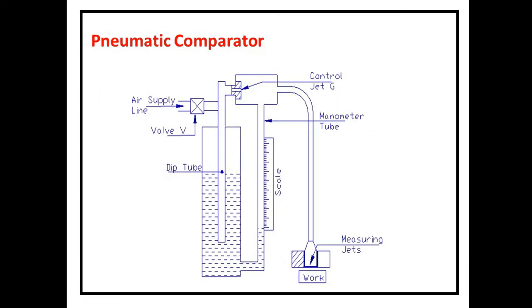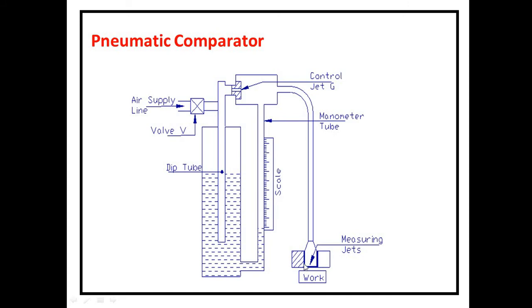As you can see, this is the manometer tube and a scale is provided. This is the measuring jet, and the restriction to the flow of the air is here. So back pressure is coming, and that back pressure is being exerted on this manometer tube. With the help of this scale, we can easily correlate the amount of back pressure, and the manometer tube can be graduated directly to measure change in diameter of the workpiece.